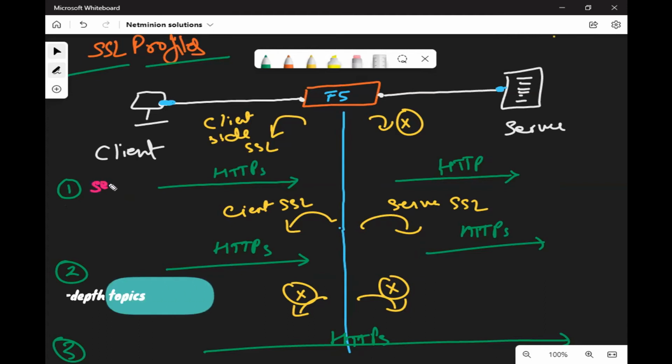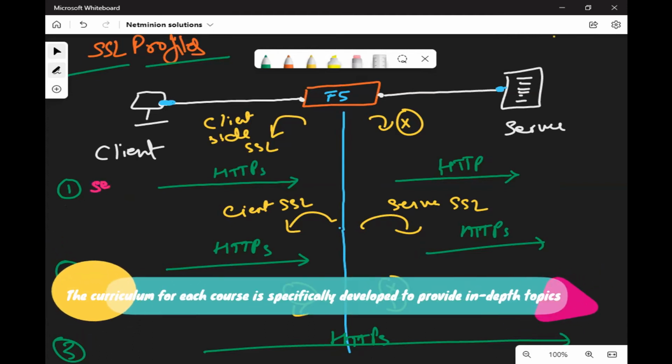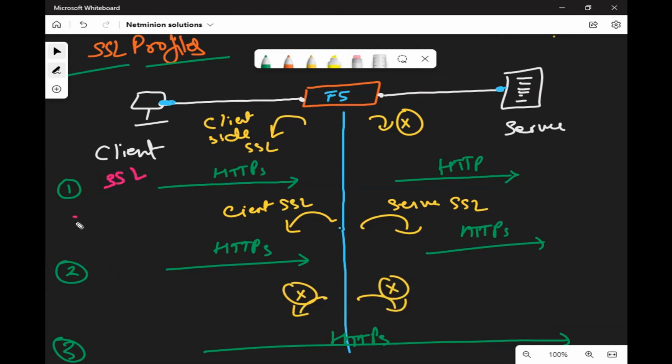This is the terminology named SSL offloading. This is the terminology named SSL bridging. This is the terminology named SSL pass through.